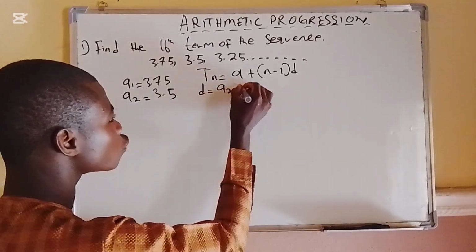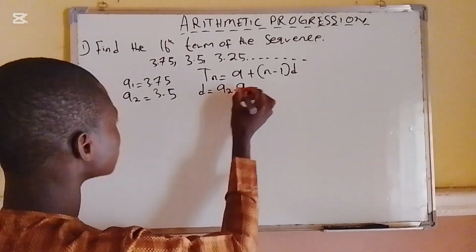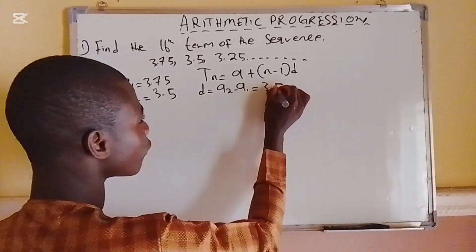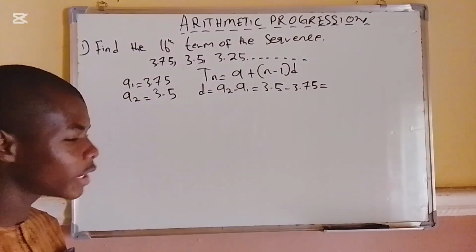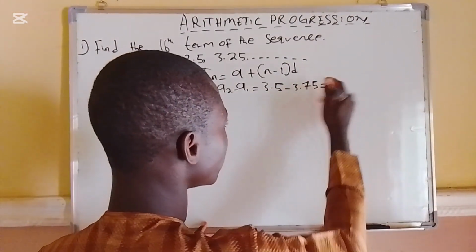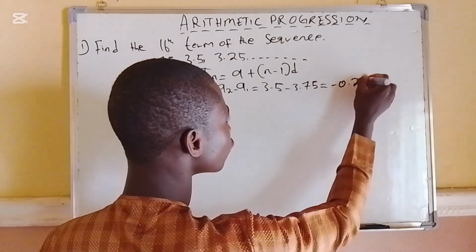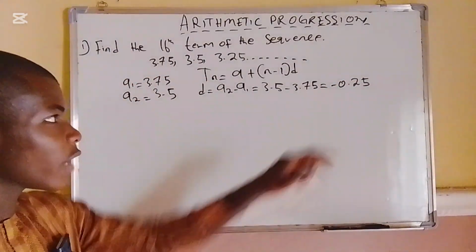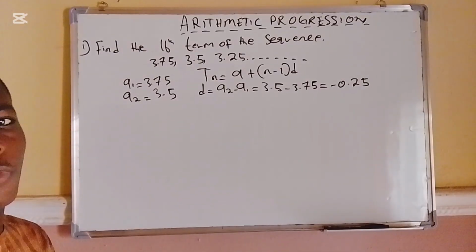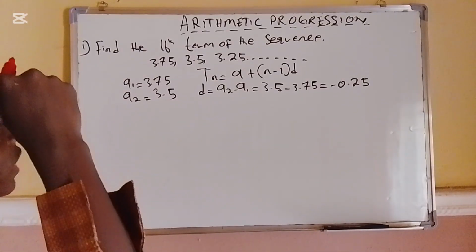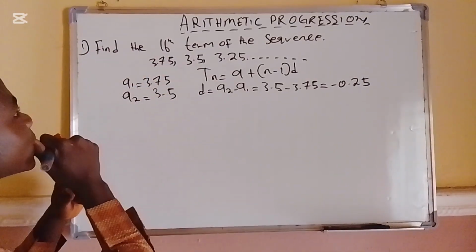So A2, which is 3.5, minus 3.75, is equal to minus 0.25. So the common difference is minus 0.25.